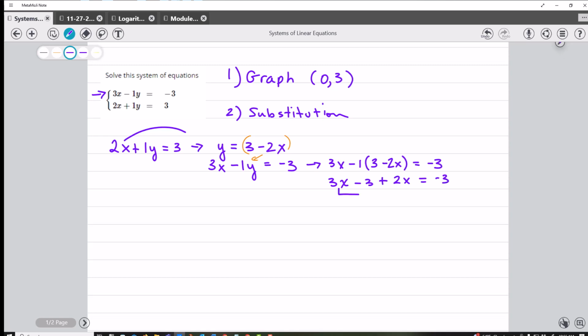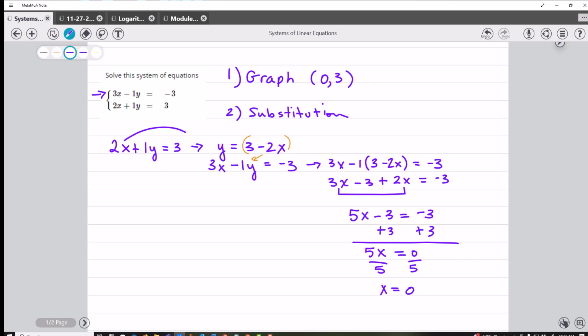If I combine like terms, I get 5x minus 3 equals negative 3. If I add 3, I get 5x equals 0, and then divide by 5, and it looks like x equals 0. So now that I know what x equals, I simply plug into either equation and I can solve for y.